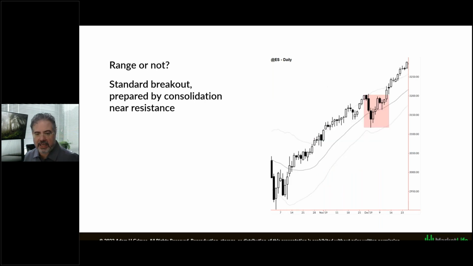Range or not here. You can treat this as a range, even though it's probably a bit of a pullback, and a pullback, as we know, is kind of a range, right? Little consolidation near the highs here, nice prepared breakout, good standard breakout, good follow through.